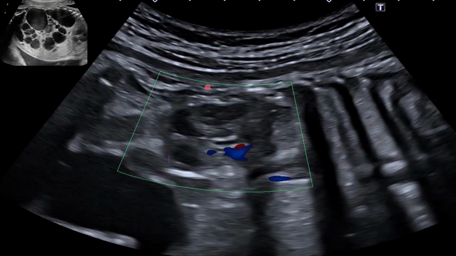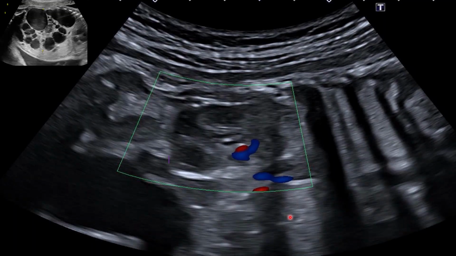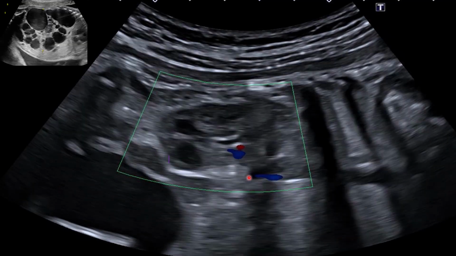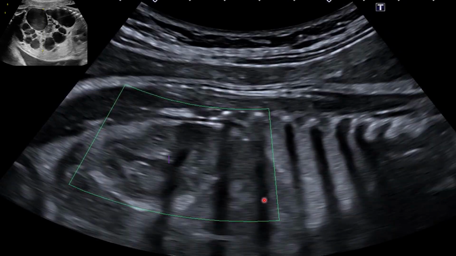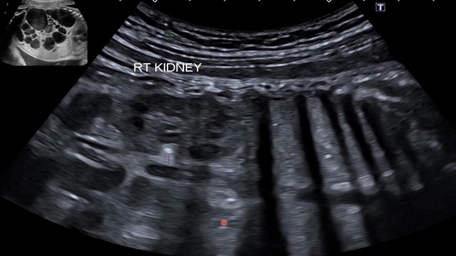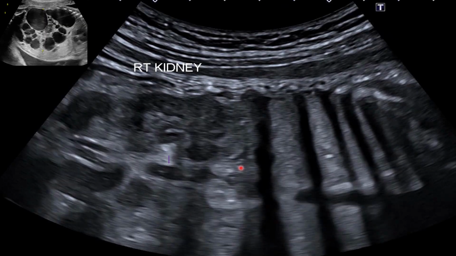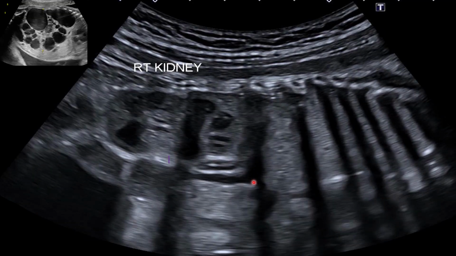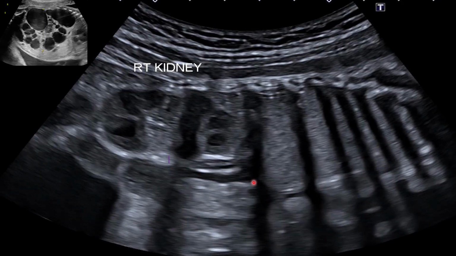You must cultivate the technique of doing things right like that. And if you use color, you can also see the origin of the kidney from the aorta, from the abdominal aorta. That's your right kidney there. You can see the aorta there that is pulsating. Ladies and gentlemen, these techniques are very critical for you to master fetal ultrasound anomaly or anatomy assessment.